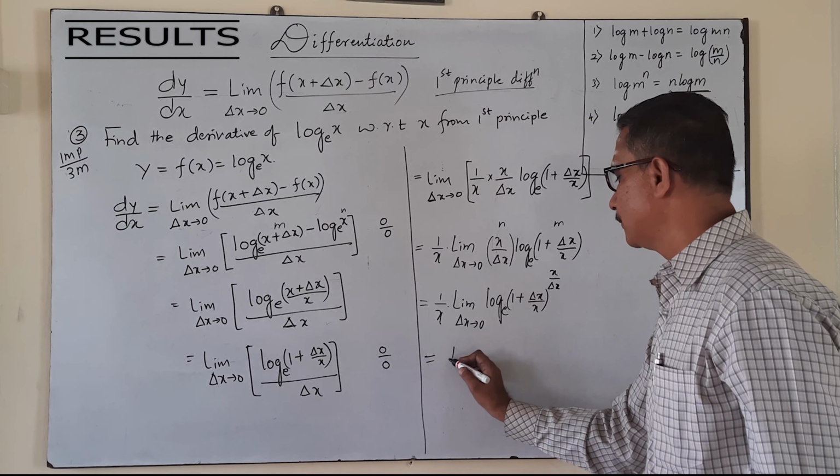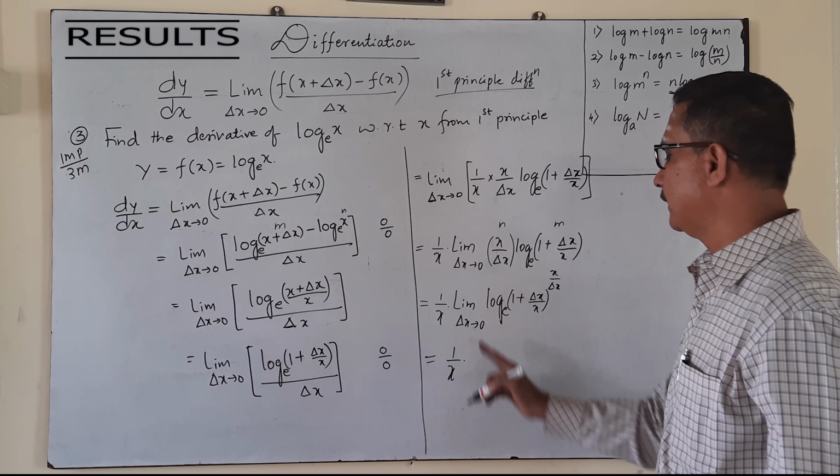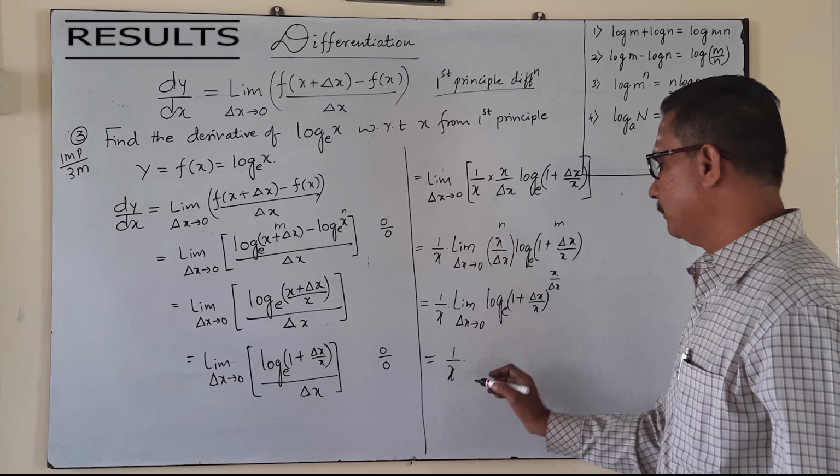Now that is equal to, next step, observe it: 1 by x, log to the base e, as it is. I took 1 by x and kept log to the base e as it is. What is the remaining value? Limit of 1 plus delta x by x whole power x by delta x as delta x tends to 0.